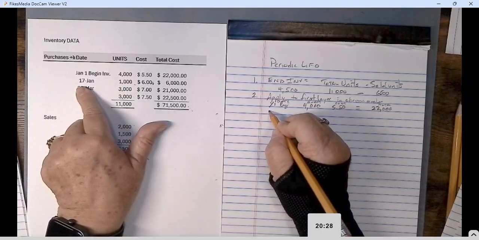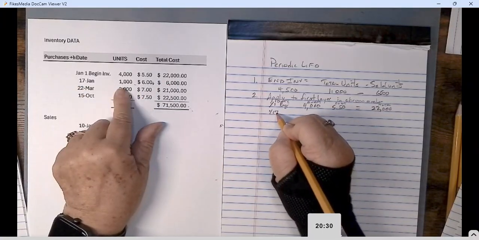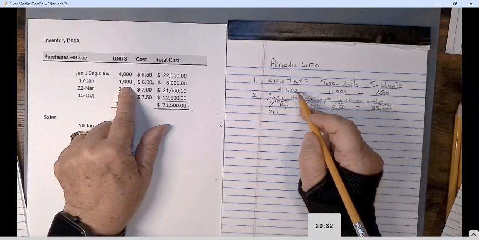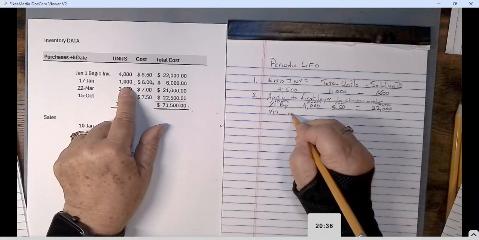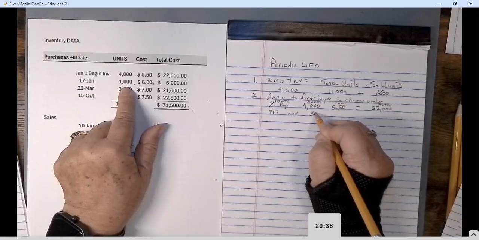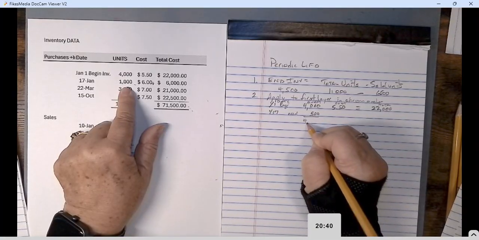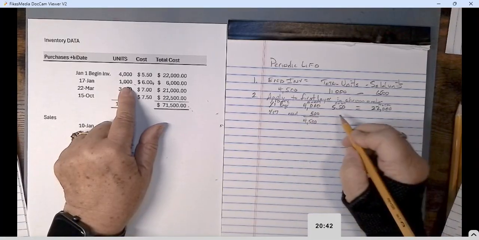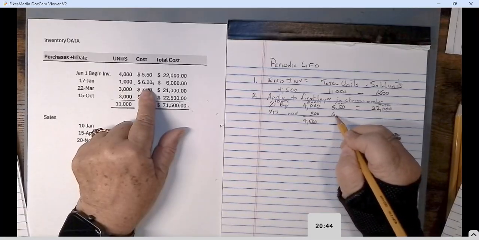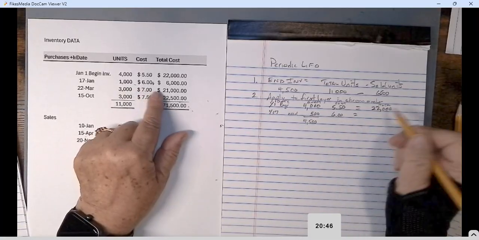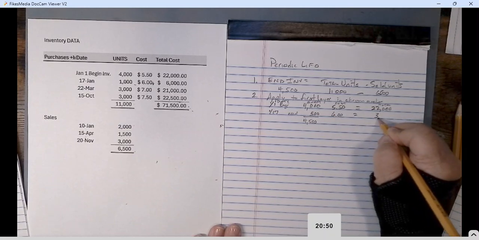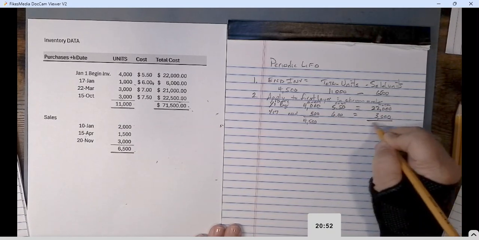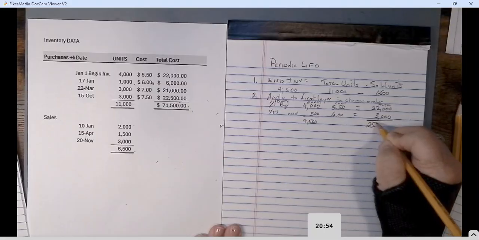Now the next layer, 117, is 1,000, but I only need 500 because I got 4,000 out of the first layer. So I only need 500. And that brings me up to 4,500. And that price is $6. And that is going to be $3,000.